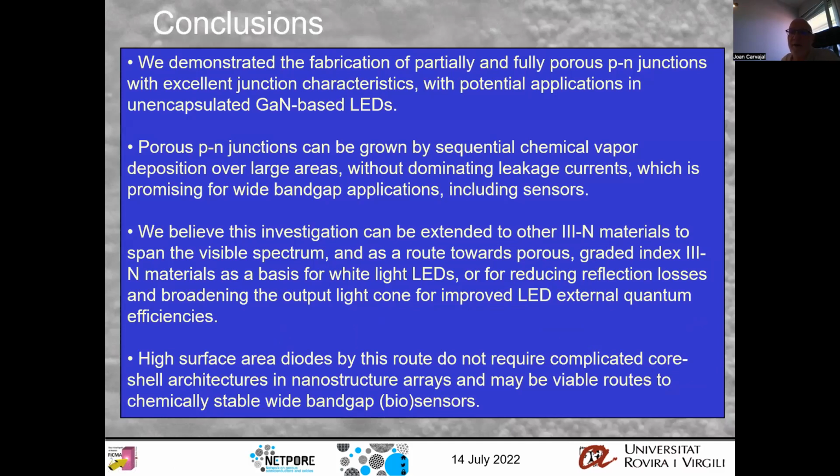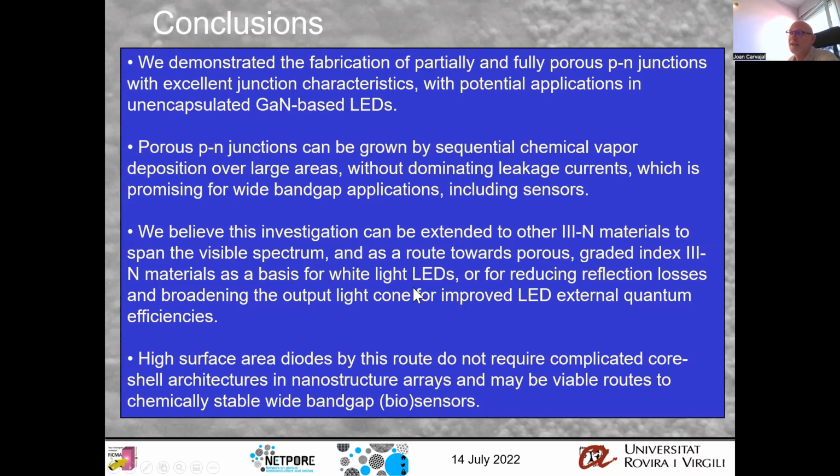And with this, I arrived to the conclusions of my presentation, in which we demonstrated the fabrication of these partial and fully porous PN junctions with excellent junction characteristics and with potential applications in the development of encapsulated gallium nitride-based LEDs. Also, that this porous PN junction can be grown by sequential chemical vapor deposition over large areas.